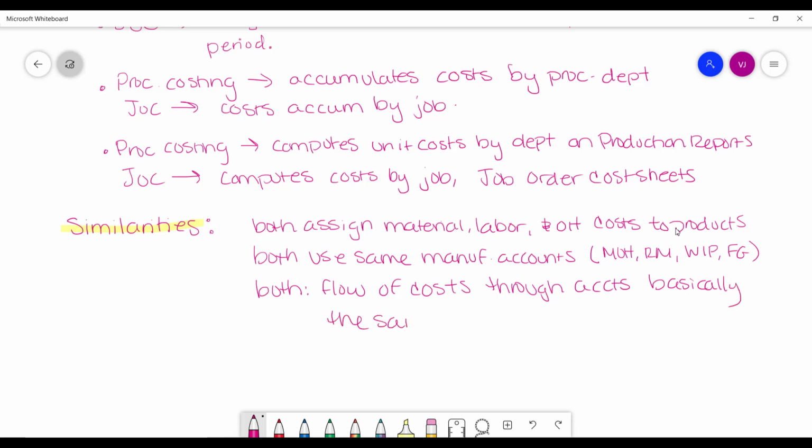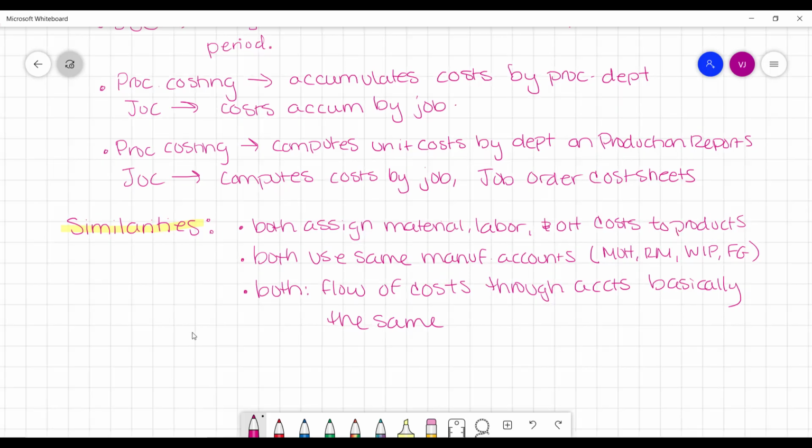I'll be looking at some of those entries here in a couple of moments. So some of those foundational things are remaining the same. The same kind of inventory accounts are being used, the flow between those and through those accounts is very similar, and we still assign material, labor, and overhead cost to products.